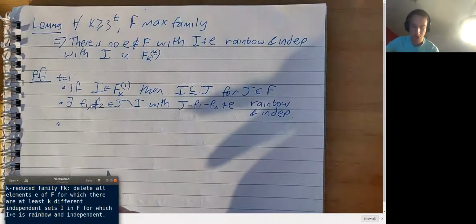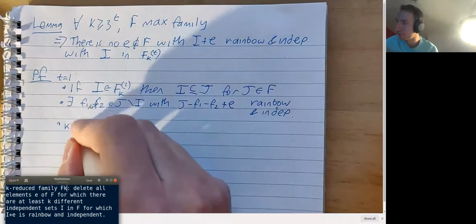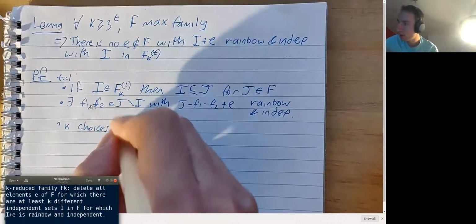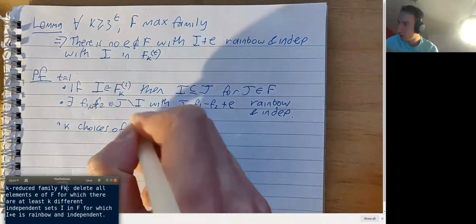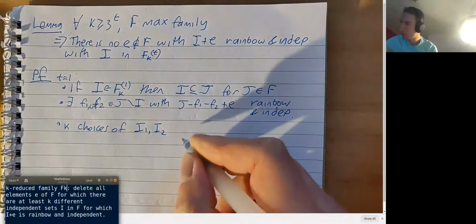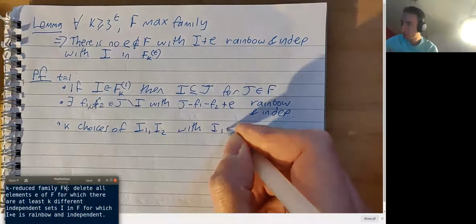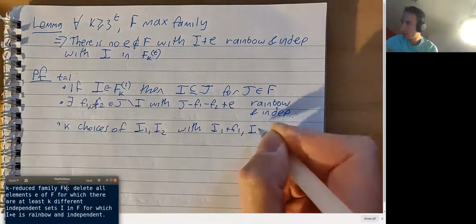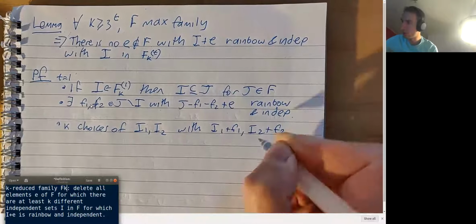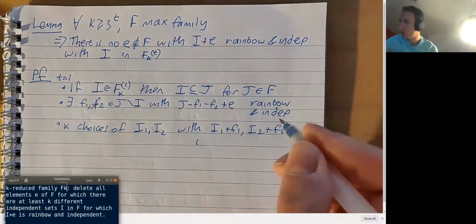It tells us that there's a lot of places where you can move F1 and F2. So there have to be K choices of independent sets to which you can move F1 and F2 to get new rainbow independent sets.